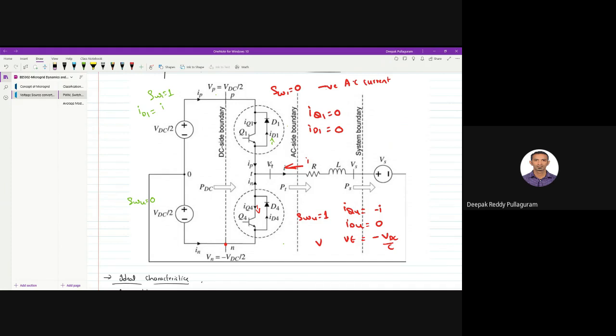With reference to I, it should be positive, but as the direction is from AC to DC, it is negative. So what do you finally conclude? ID1 with respect to I is negative.